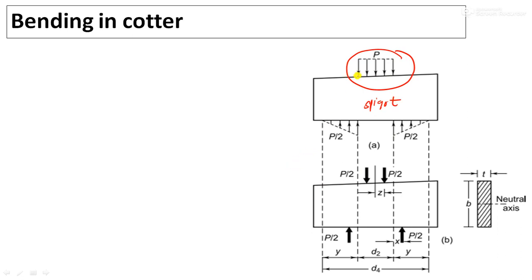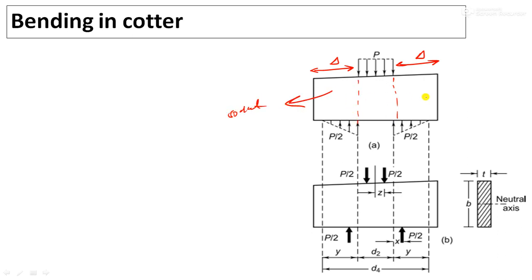This is the portion of the Cotter which is inserted inside the rectangular slot of the spigot. And secondly, the loading is assumed to be triangular, meaning this portion is a triangular load. This is the portion where the Cotter is inserted inside the socket. So this is the socket portion and this portion is the spigot.